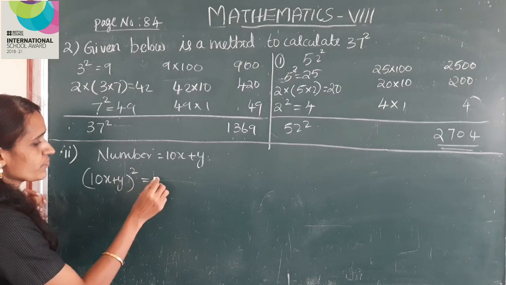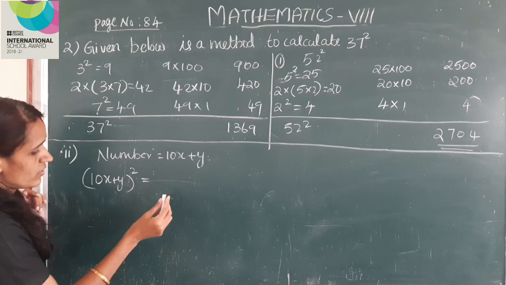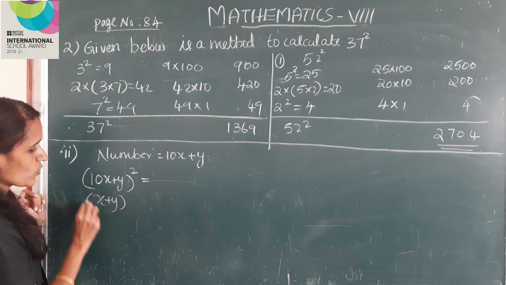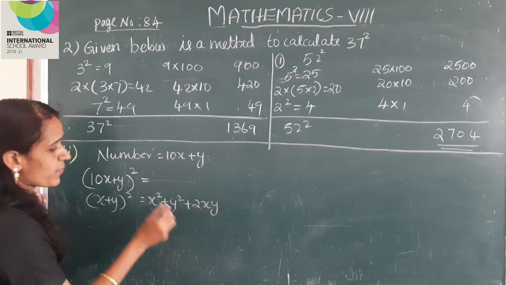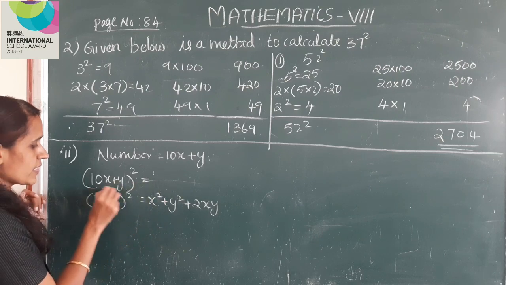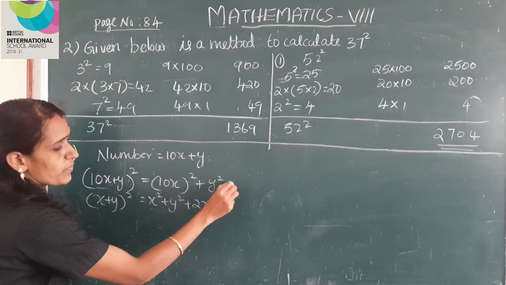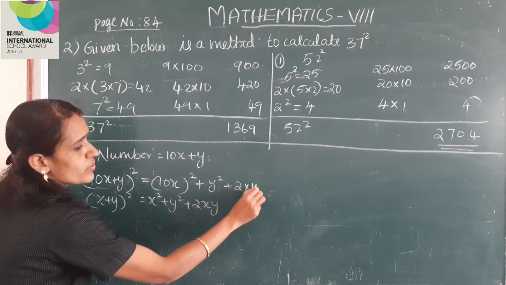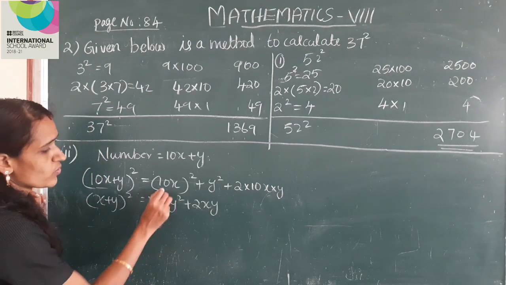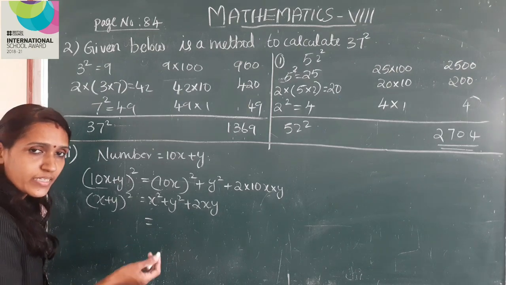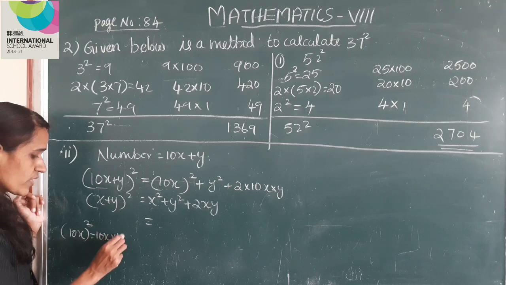This is equal to, here using the identity, (x + y) whole square is equal to x square plus y square plus 2xy. So here, this is equal to (10x) whole square plus y square plus 2 into 10x into y. (10x) whole square is 10x into 10x.